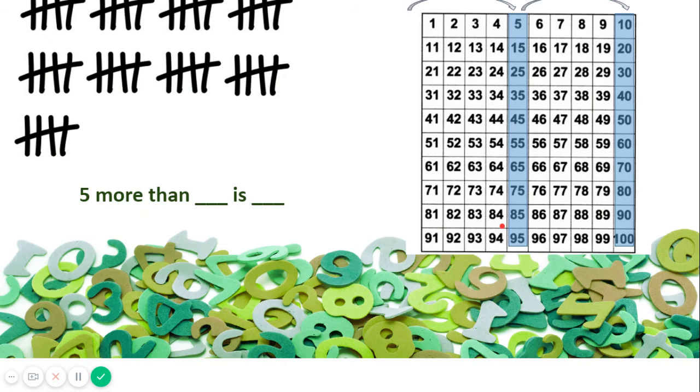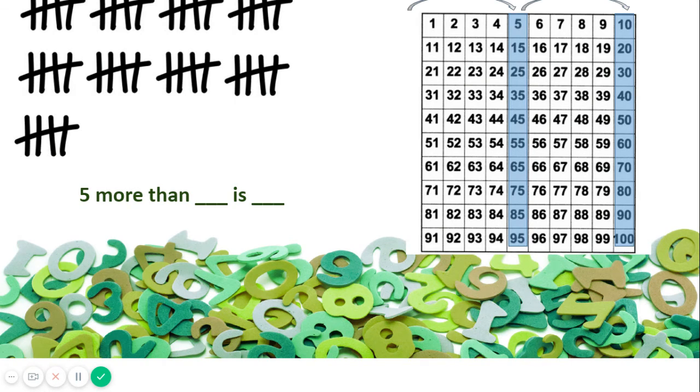All right, so we were discussing skip counting by 5's, and in this example we have tally marks. Remember that tally marks are made of 4 vertical lines and 1 line across. Every time you see that mark, you know that it stands for 5.